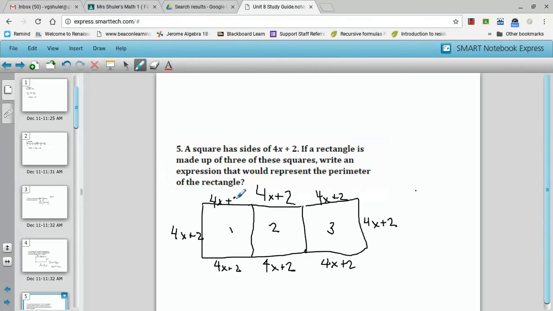Okay, let's see how many 4x's I have. Let's start here. I have 1, 2, 3, 4, 5, 6, 7, 8. So I need to do 8 times 4x.